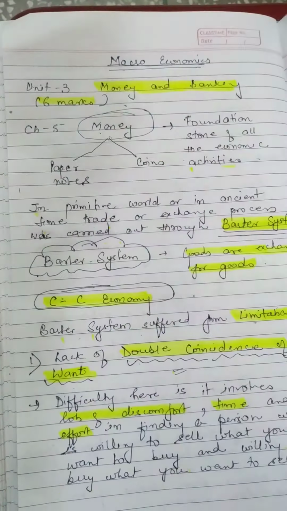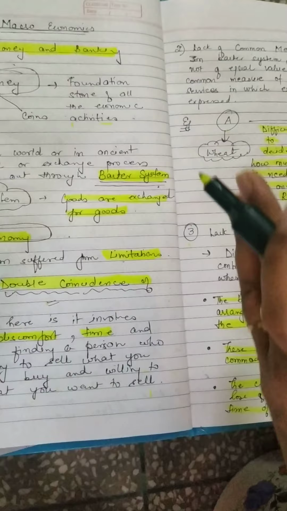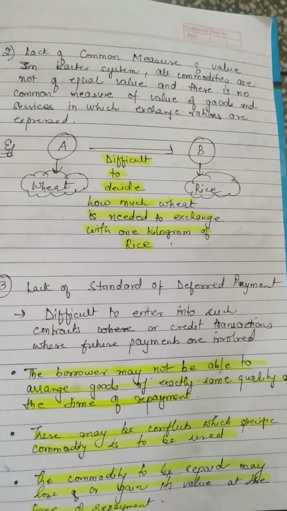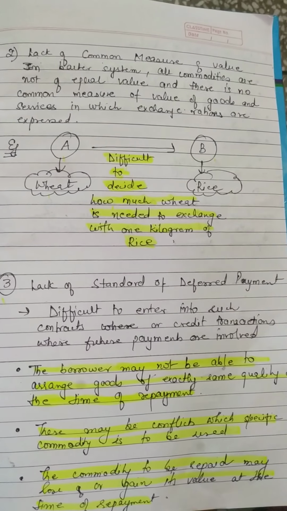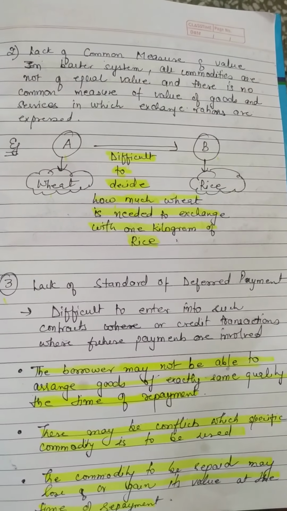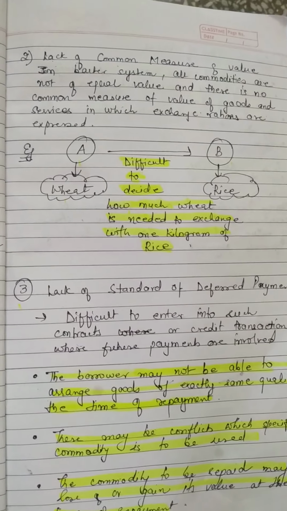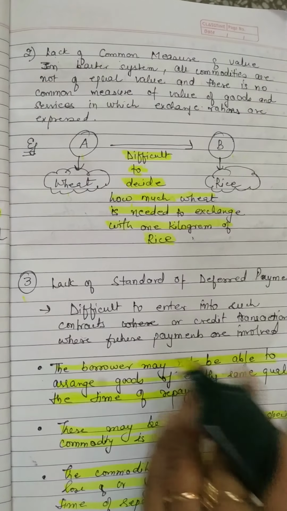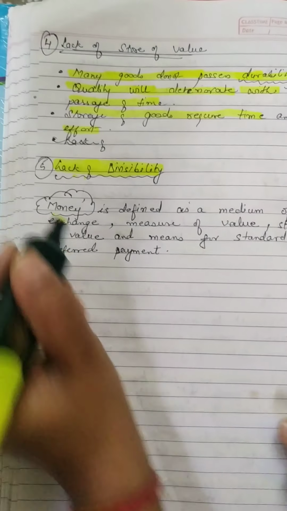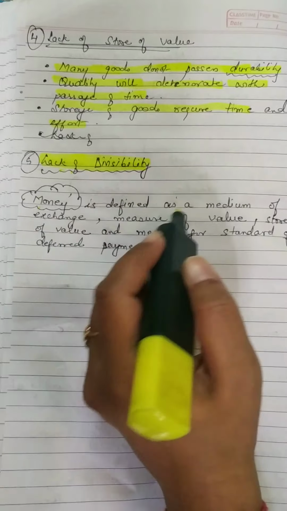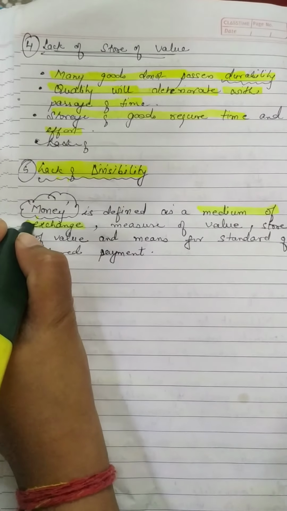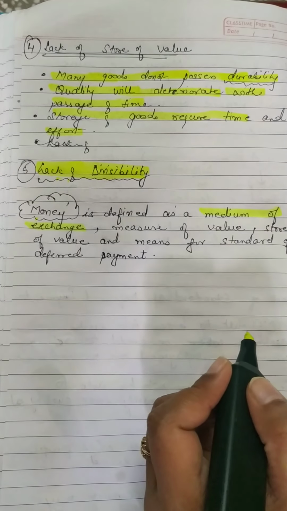So as you can see, these are the limitations, these are the problems that are overcome by the monetary system that we are using in our present scenario. The paper notes and the coins, all these problems are solved with the present monetary system, and that's why here we are defining money, which is generally accepted as a medium of exchange, the primary function of money.